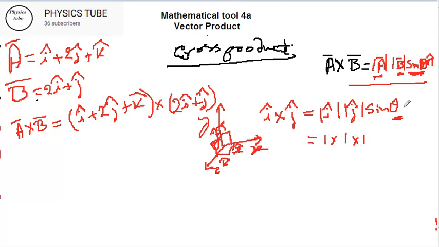But we are left with the third vector. The third vector that is perpendicular to I and j is only and only k. Nothing else in the coordinate system can be perpendicular to both, only the third axis. So I'll write k here. In summary, the moral of the story is: I cross j is equal to k.